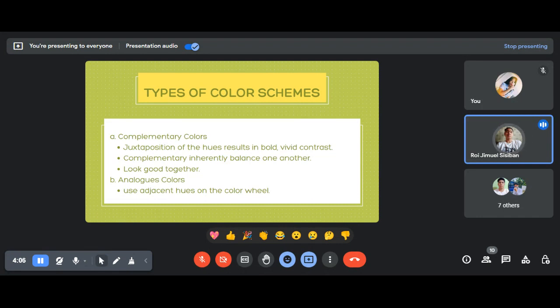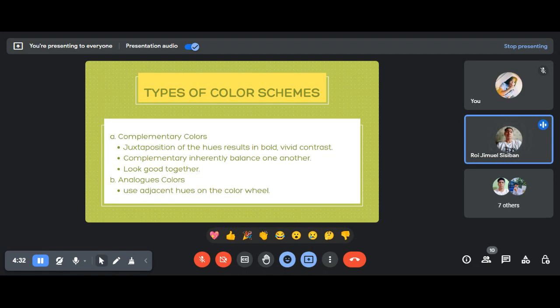Because complementary colors are so popular in photography: one, the juxtaposition of the two results in bold, vivid contrast. Next, colors that are complementary inherently balance one another. Then last, complementary colors simply look good together.